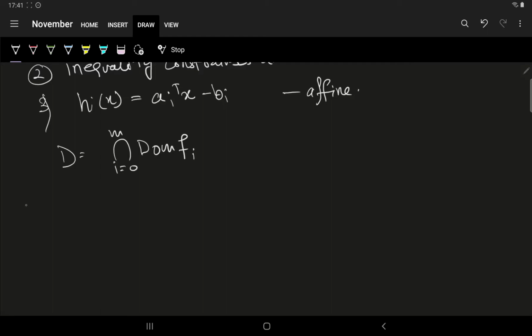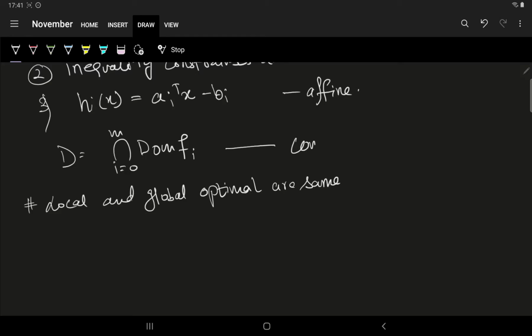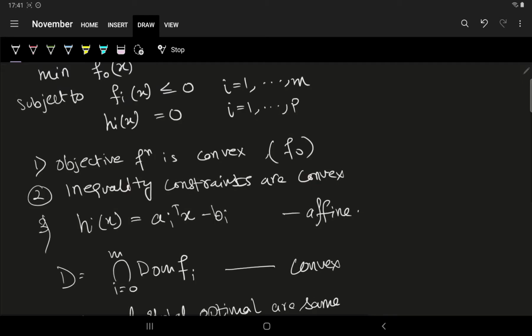Then we also mentioned that local and global optimal are the same, and this domain is a convex set. We can see this from intersections of convex domains of convex functions.